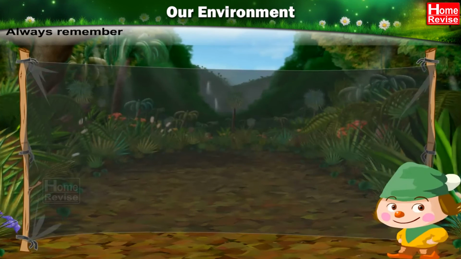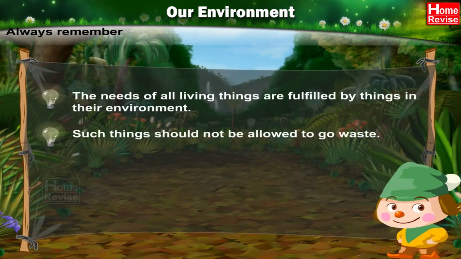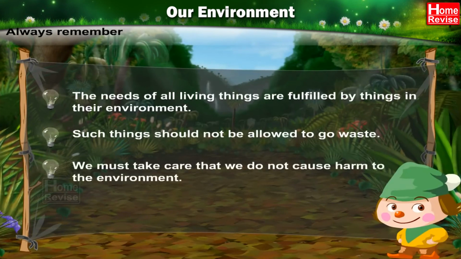Kids always remember, the needs of all living things are fulfilled by things in their environment. Such things should not be allowed to go waste. We must take care that we do not cause harm to the environment.